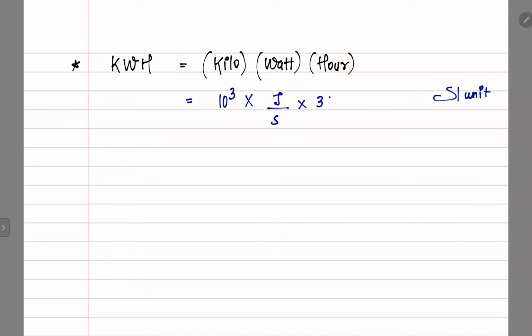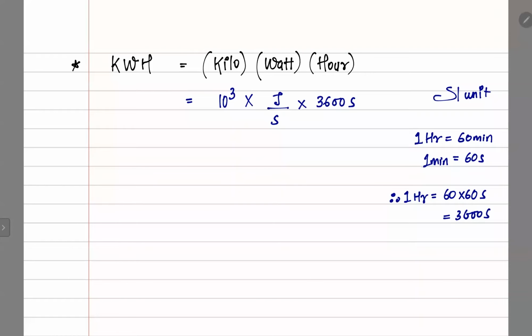Hour is going to be 3600 seconds, because 1 hour is equal to 60 minutes, and 1 minute is equal to 60 seconds. Therefore, 1 hour is equal to 60 multiplied by 60 seconds, that is 3600 seconds. So how will we represent 1 kilowatt hour? We will represent it with 3600.